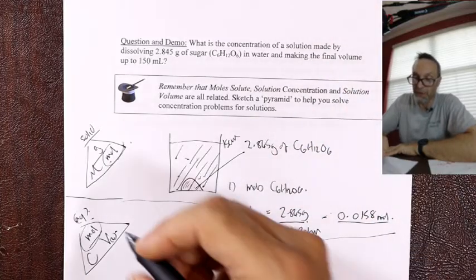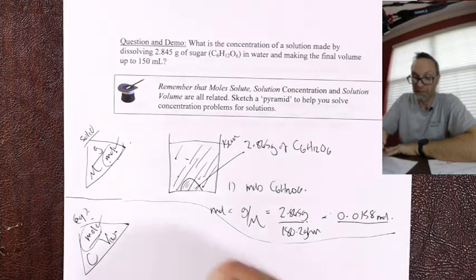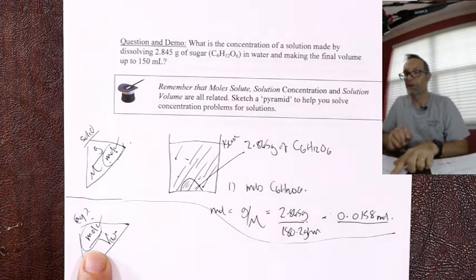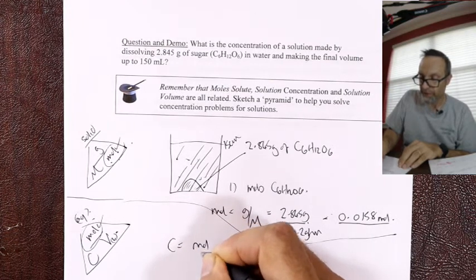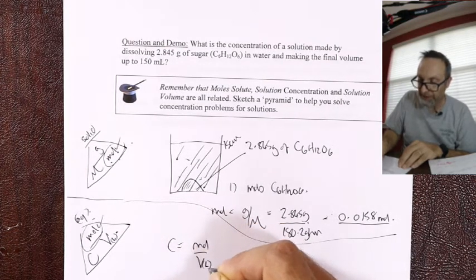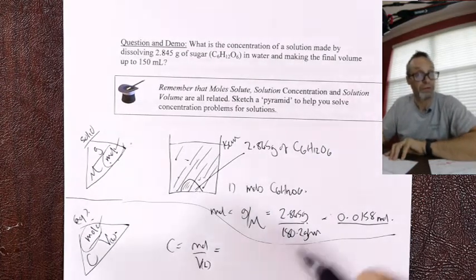So the moles between the two is fixed. But now, what do we want? We want the strength. Concentration is moles over volume, but the volume has to be in liters. I'm going to do the conversion on the fly. Hopefully you know 150 milliliters is 0.150 liters.